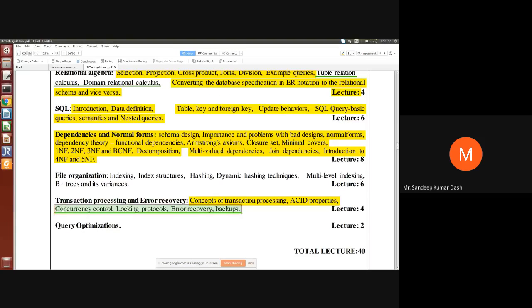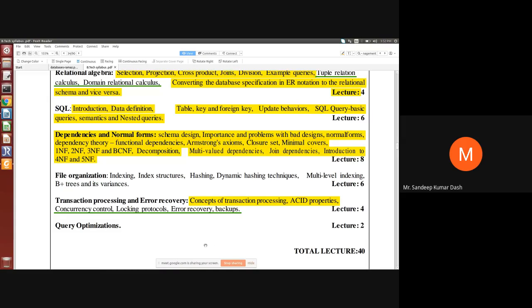Concurrency and locking are also almost complete. Only backup and error recovery are left. These things will be completed shortly in one or two classes.